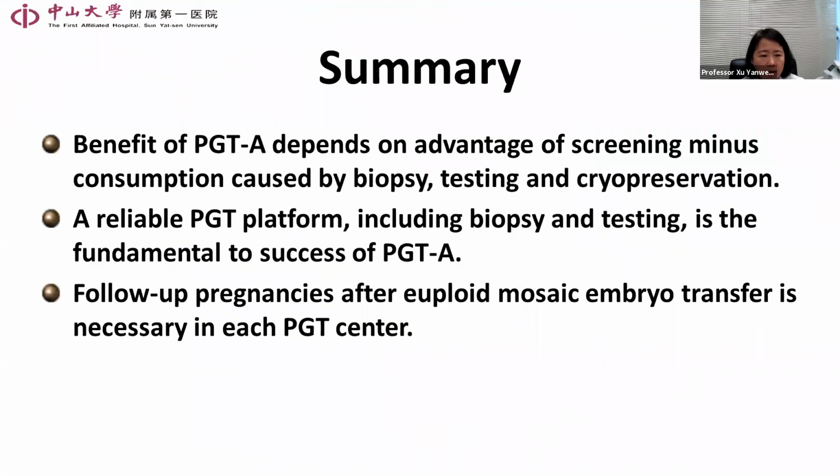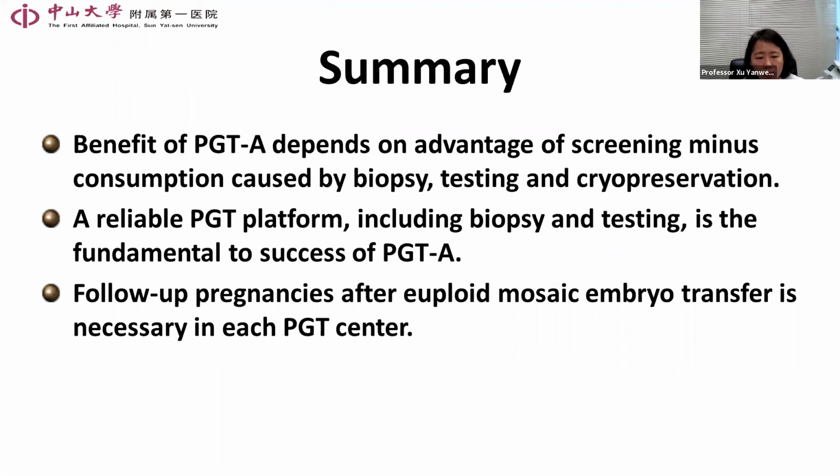To summarize, the benefit of PGT-A depends on the advantage of screening minus the consumption caused by biopsy, testing and cryopreservation. Therefore, we need a reliable PGT platform, including biopsy and testing. This platform is fundamental to the success of PGT-A.